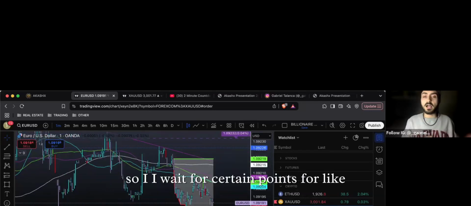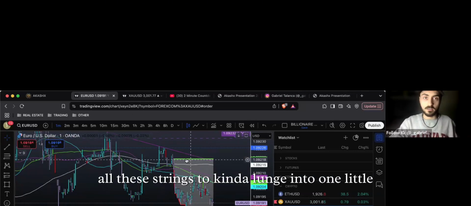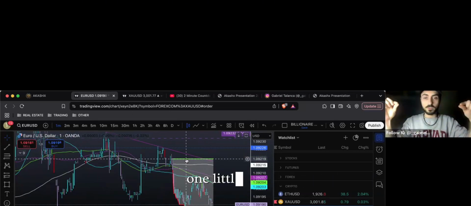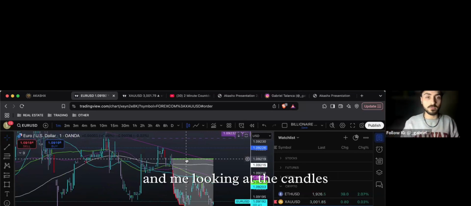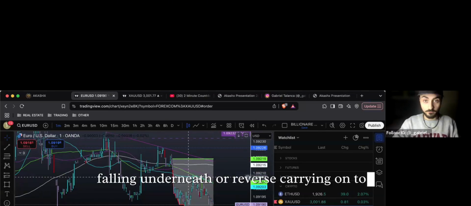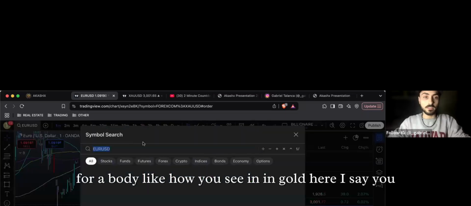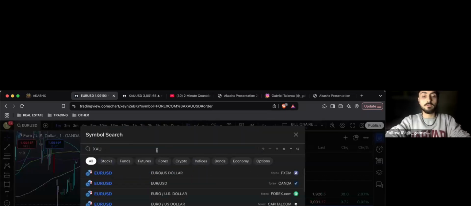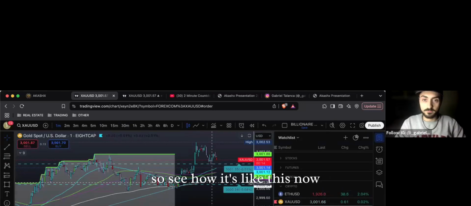Okay, so I wait for certain points for all these strings to kind of bunch into one little strand, and me looking at the candles and seeing if they're either falling underneath like this, or reverse, carrying on top for a buy, like how you see in gold here. XAU USD. So see how it's like this now?